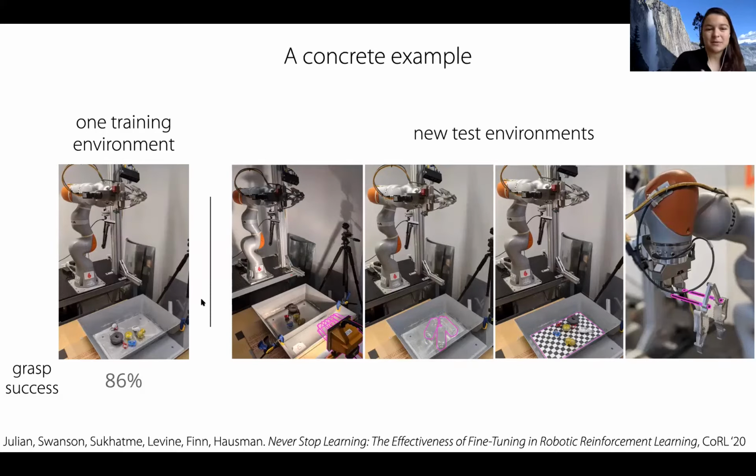What we find is that if we take the policy that was learned in the training environment and deploy it in these settings that are a little bit different, the performance drops drastically from 86% down to 30 to 50% success. And so these are all relevant kinds of changes or settings that we want robots to be able to handle. How might we actually go about mitigating this and allowing the robot to handle these different environments?